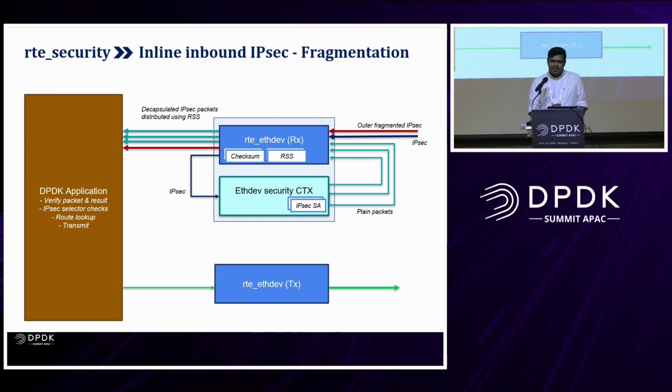But with IPsec, such handling is difficult. If you look at the diagram, in the ETHDEV security context, there are these boxes, IPsec SA. IPsec SA is nothing but the context that is required for the IPsec processing. So there are a few use cases where you can't even decrypt the packet unless you have access to that state variable.